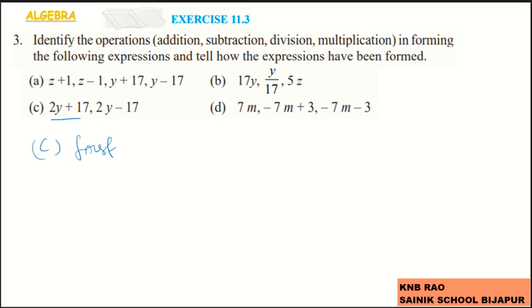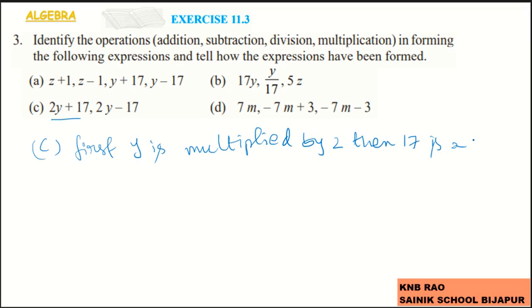First, y is multiplied by 2, then 17 is added to the product. So this is the first one. How will you say 2y minus 17? Same. First, y is multiplied by 2, then 17 is subtracted from that product.